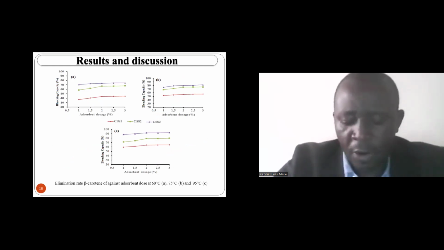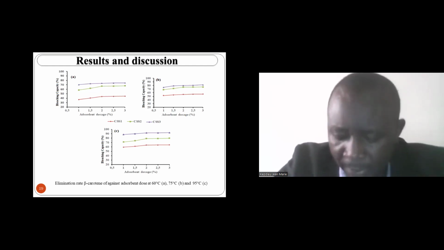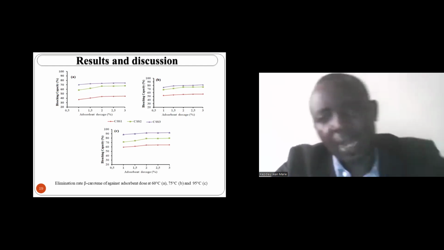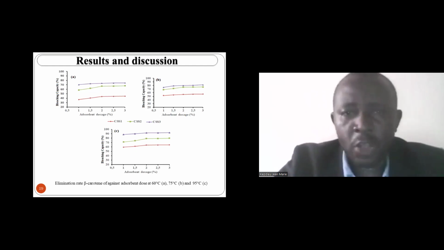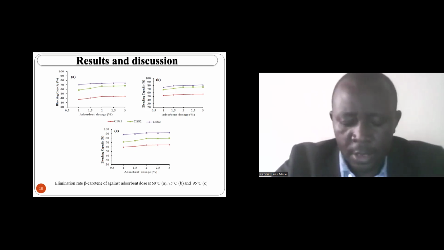At each temperature, the increase of adsorbent dosage from 1 to 3%, calculated from the mass of oil, did not show a great improvement of the bleaching capacity.